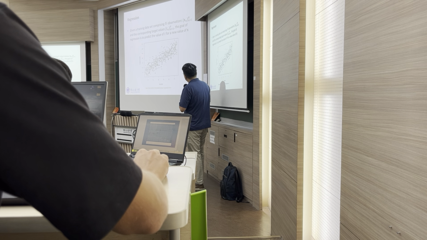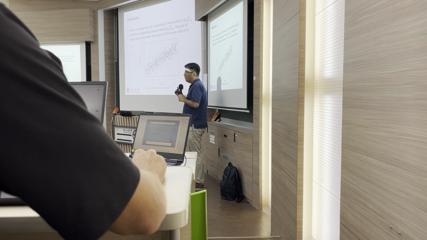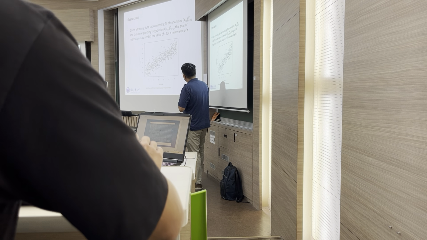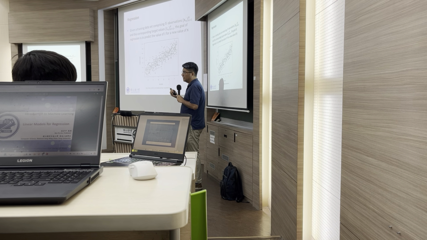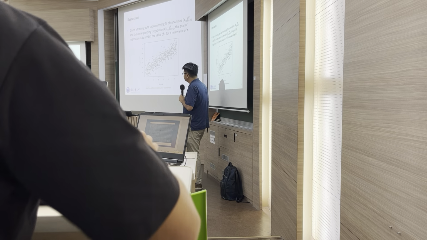So we have the training data as well as its ground truth. We use xn to denote one of the training data, its feature vector. Also, we have its ground truth, a real value in the regression task.